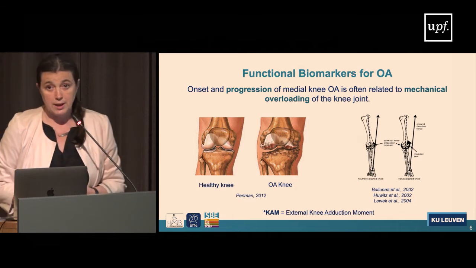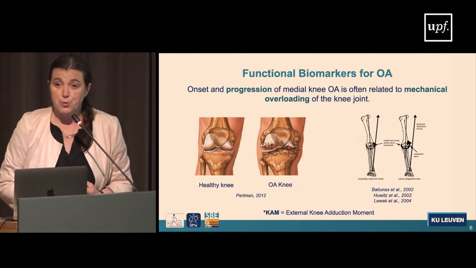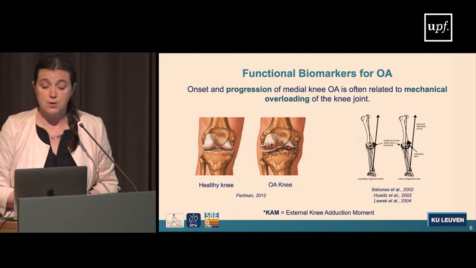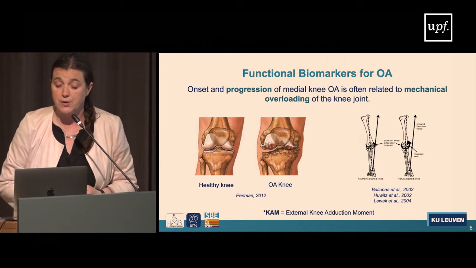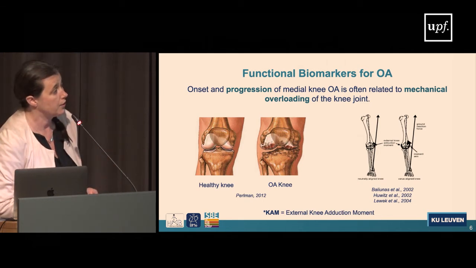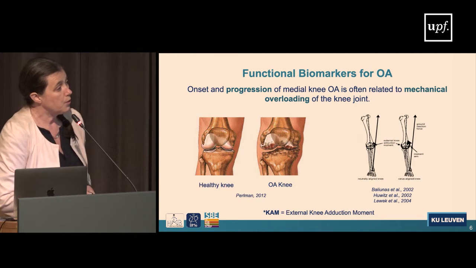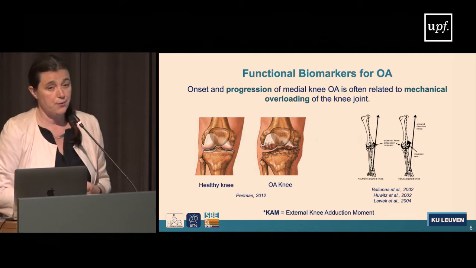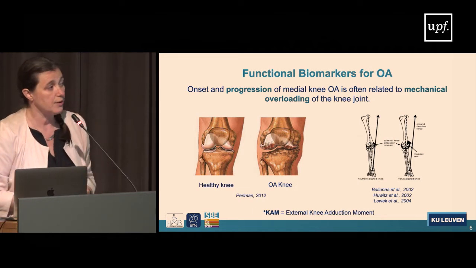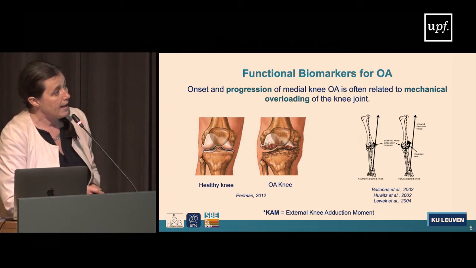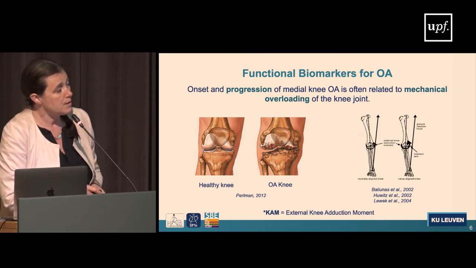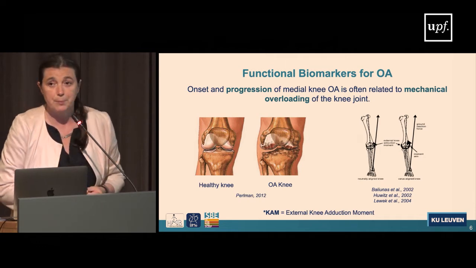It is known in literature that the progression and the onset of knee osteoarthritis, medial knee osteoarthritis, can be related to mechanical overloading of the knee joint. In older work, a lot of the authors have focused on the external knee adduction moment, and with that we are referring to the moment that is occurring around the knee joint in the frontal plane.